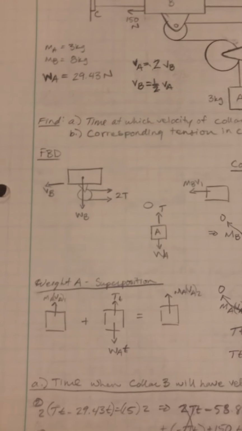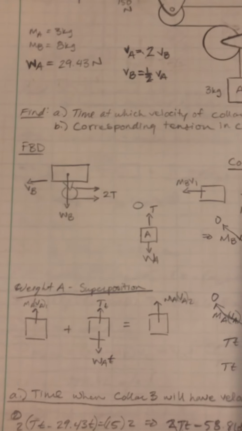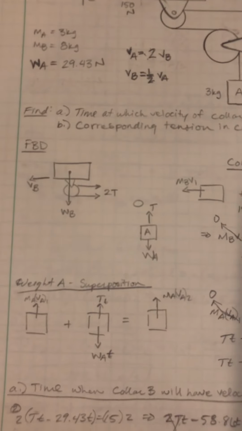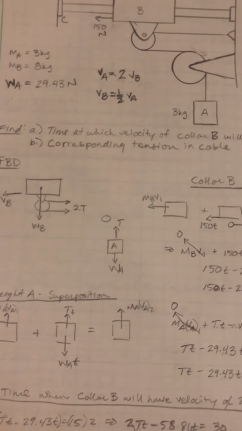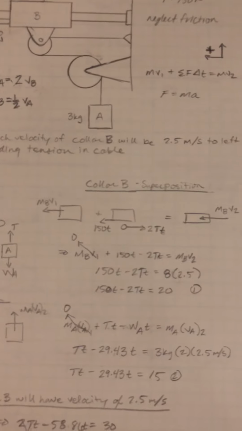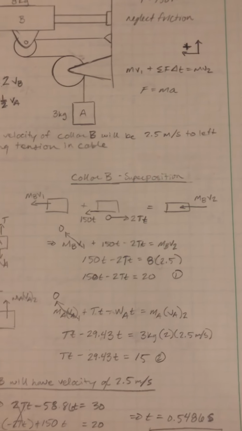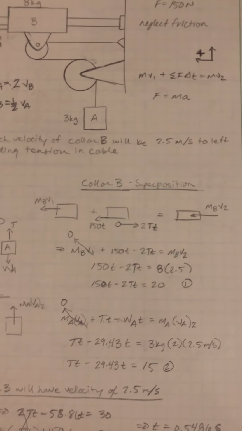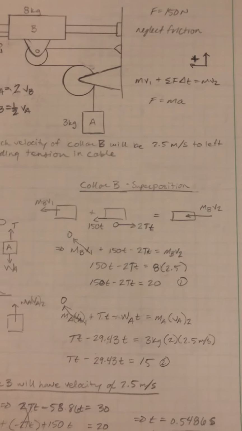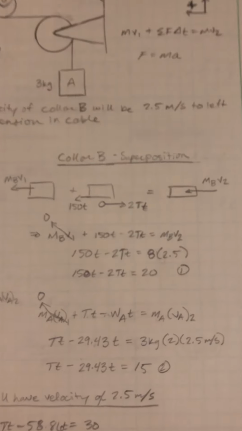Setting up a free body diagram of the whole system. Here we see that there's two tensions going in the same direction. And breaking this down even further, for collar B, we can set it up in a superposition type problem. And from there, we see that we can find a first equation.